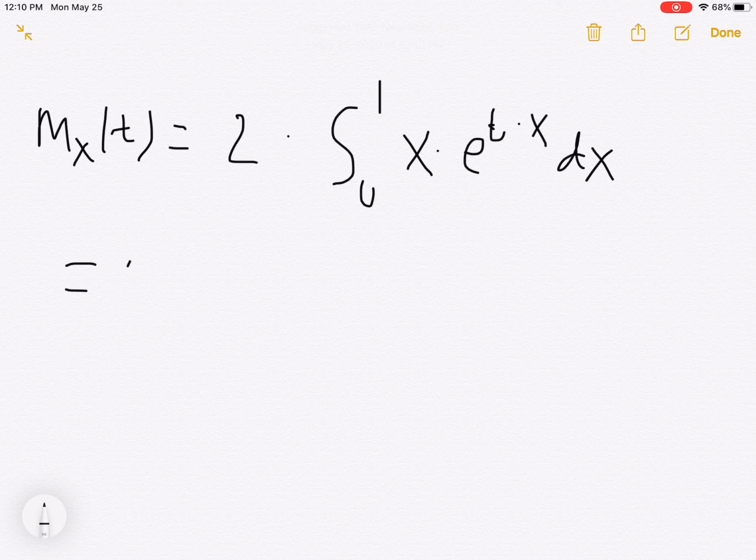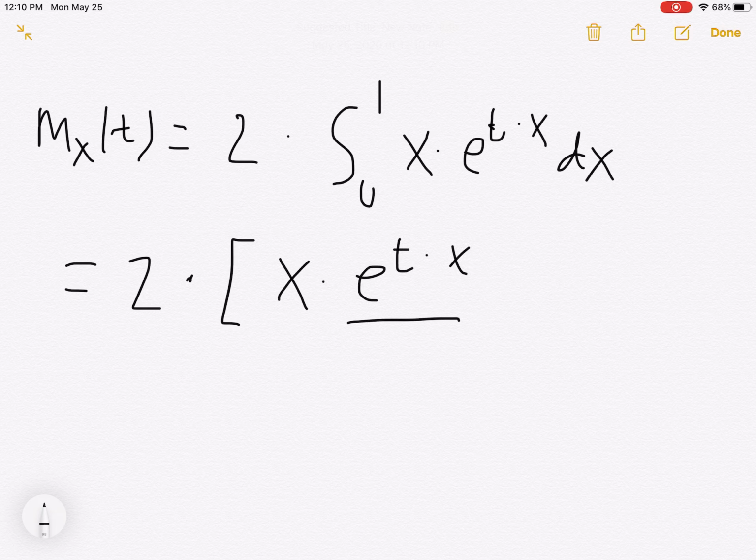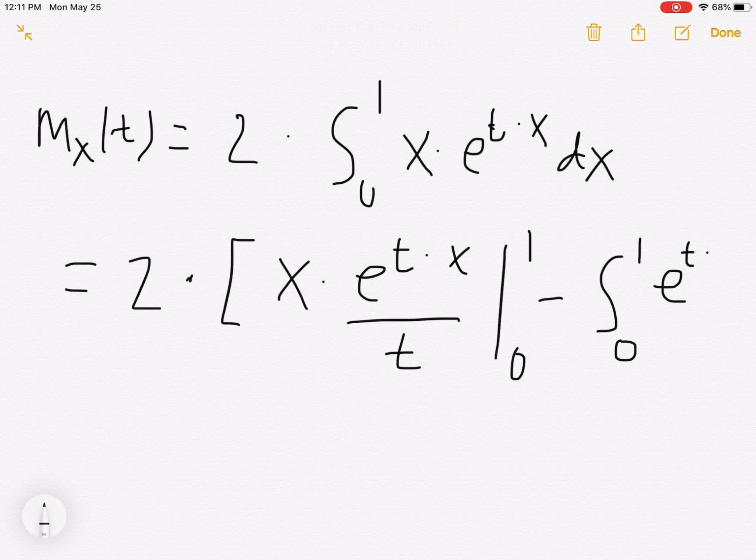We apply integration by parts, and this becomes twice x times e to the t times x over t evaluated at 0, 1, minus this integral from 0 to 1. x becomes the value 1, so I just won't even write it. e to the t times x over t dx.